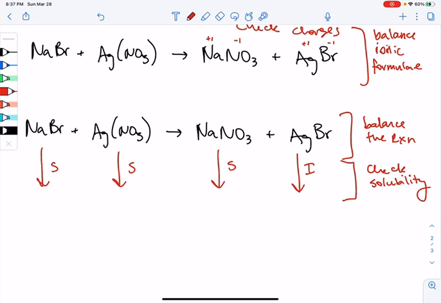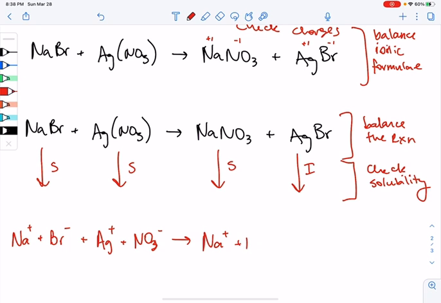So all the S's soluble, they do dissociate in water, which means they break up. So we have sodium and bromide. They broke up. They dissociated. We've got silver and nitrate. They dissociated. Here we've got sodium and nitrate. They dissociated. But the silver bromide did not. It was insoluble, which means that it was, starts with a P, a precipitate.